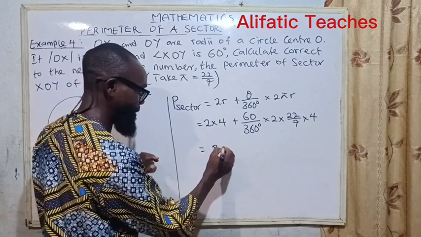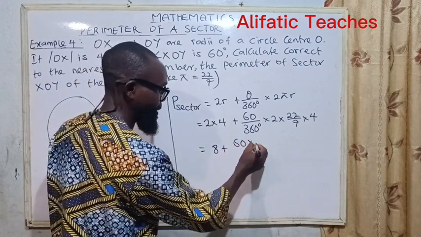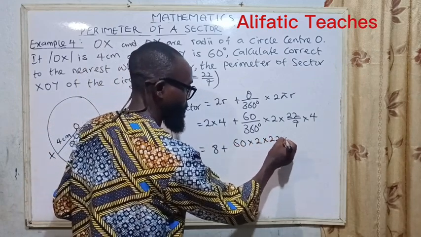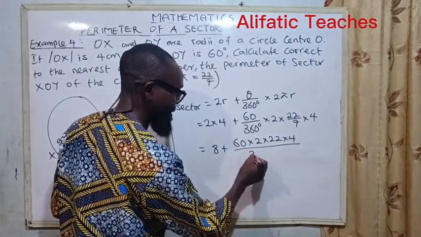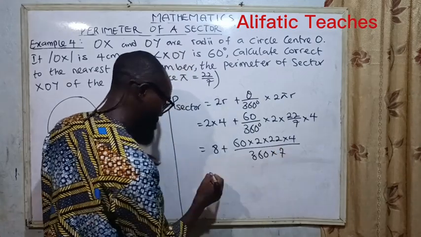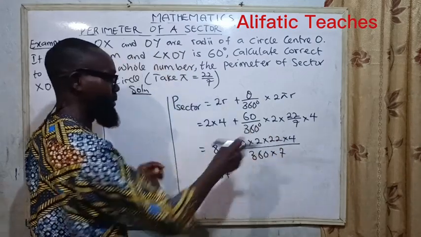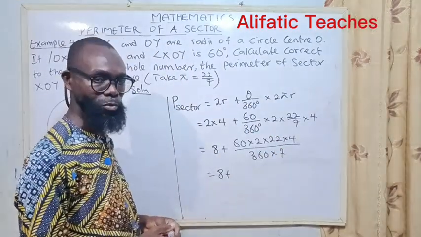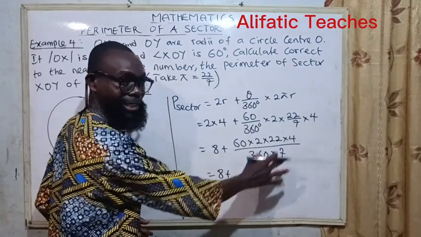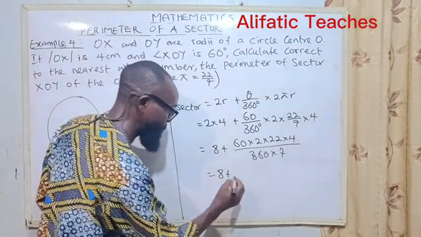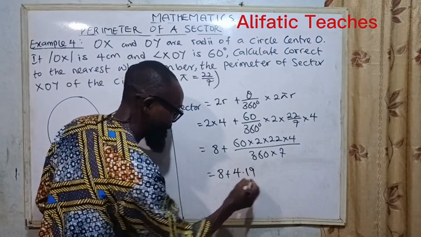So we have 8 plus 60 times 2 times 22 times 4 divided by 360 multiplied by 7. So let's multiply the numerator and divide it by the denominator. When you multiply this and divide it, we have 4.19.